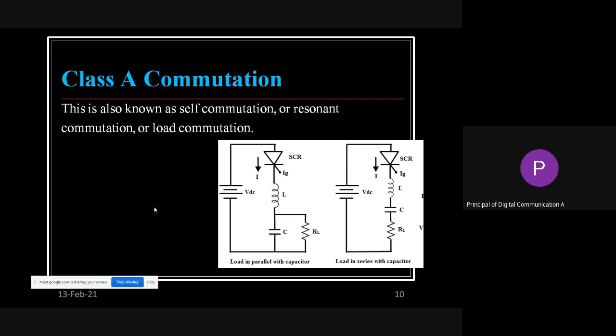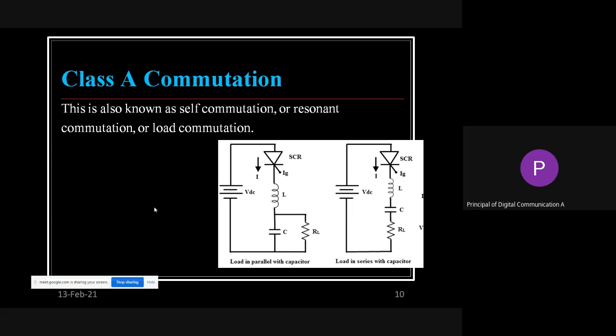Third step, the polarity of the inductor changes and the capacitor will charge in a reverse polarity, or in the reverse direction, and the current through the SCR becomes 0. Next step, when the current through the SCR becomes 0 or less than the holding current, the SCR becomes off. This is the simple explanation of this class A commutation.